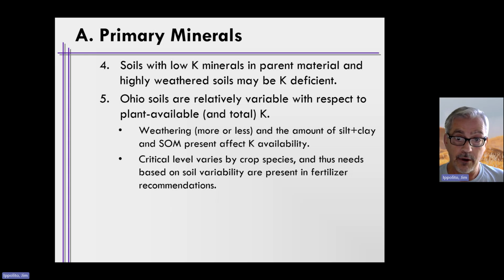In Ohio, our soils are relatively variable with respect to plant available and total potassium, and I'm going to share with you some data in this unit that shows you this. So in terms of soils in general, the weathering, and the amount of silt plus clay and soil organic matter present, affect potassium availability.